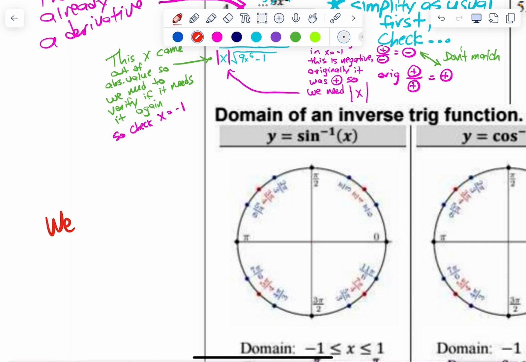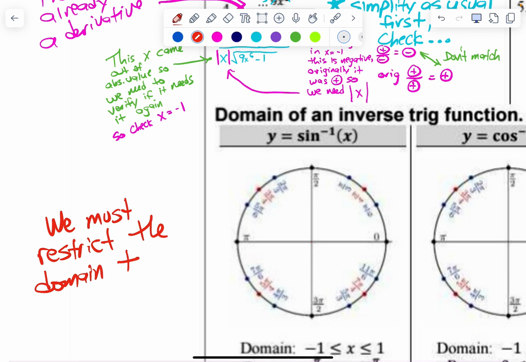Put this note out to the side. We must restrict the domain to assure it's a function.